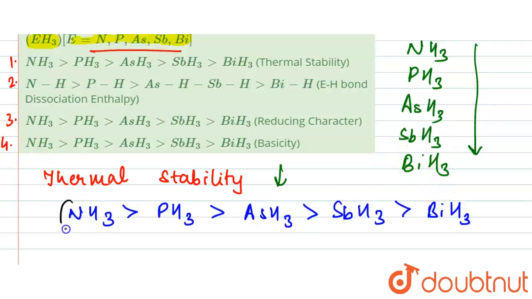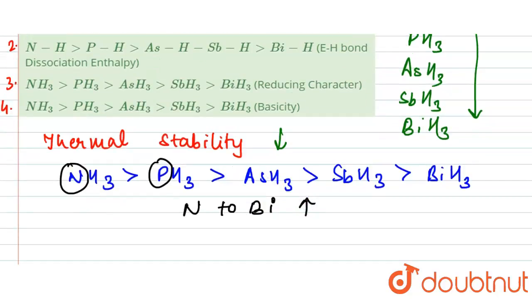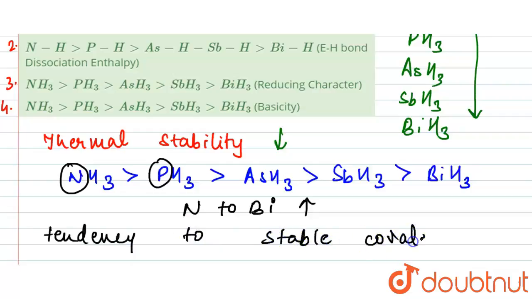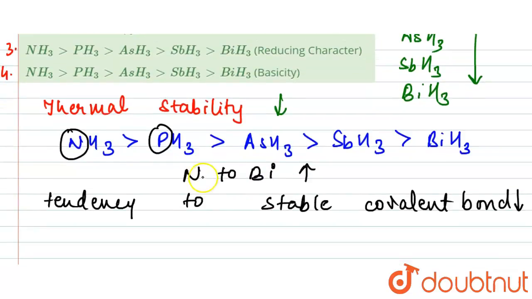Because the size of the central metal atom increases from N to Bi. Size is increasing, so the tendency to form a stable covalent bond with the hydrogen decreases, because the size of hydrogen is very small.